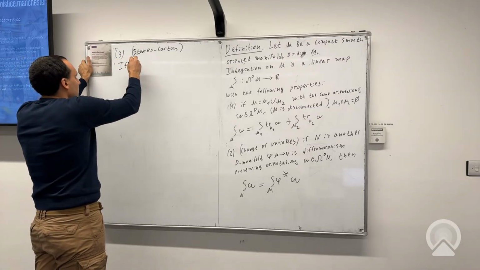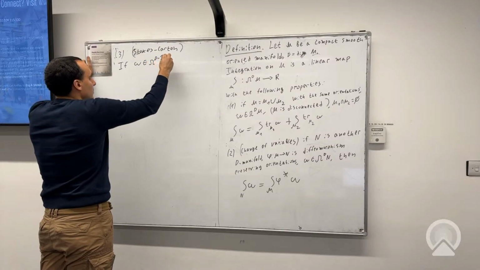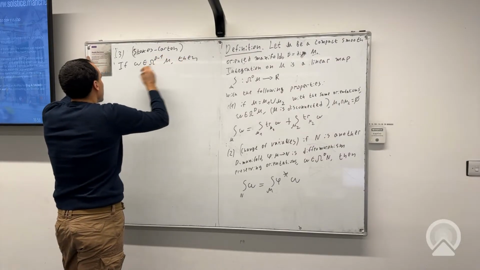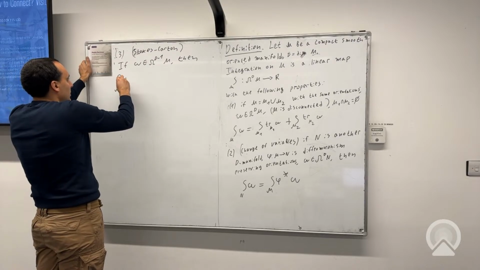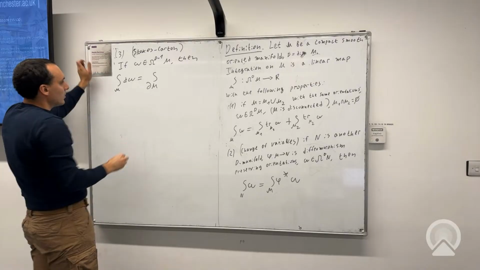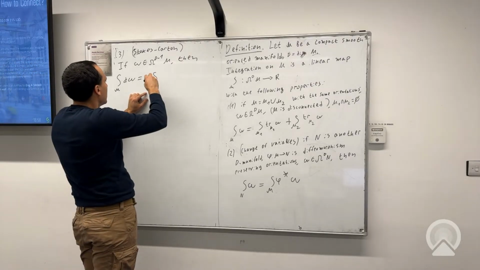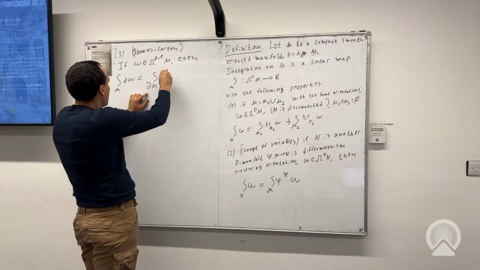If omega is a d-1 form, then the integral over M of d omega is the integral over the boundary of M of omega, with the induced orientation, it's assumed.